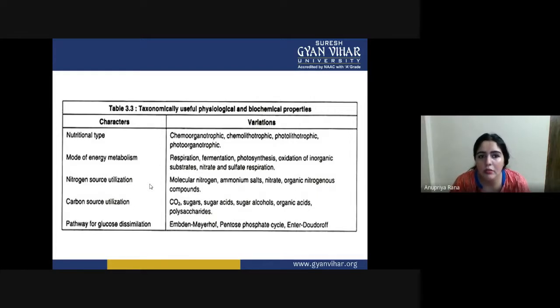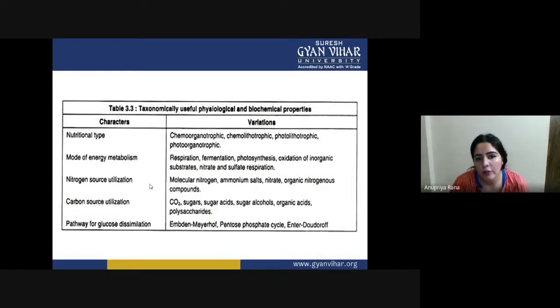Some of these bacteria have nutrition by chemotrophic means, meaning chemicals. Photo by photosynthesis sometimes, and chemolithotrophic or organotrophic. That depends on the reaction by which they get their food, and the source can be anything. That's why nutrition type also plays a major role in their classification.